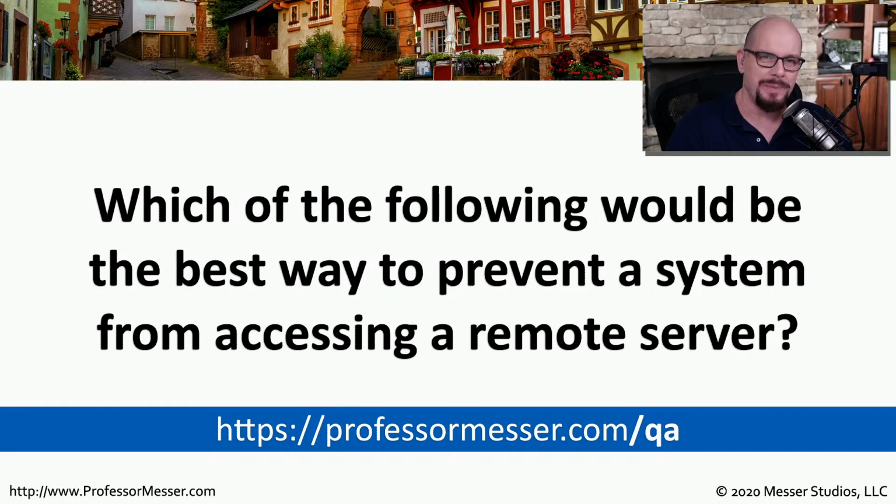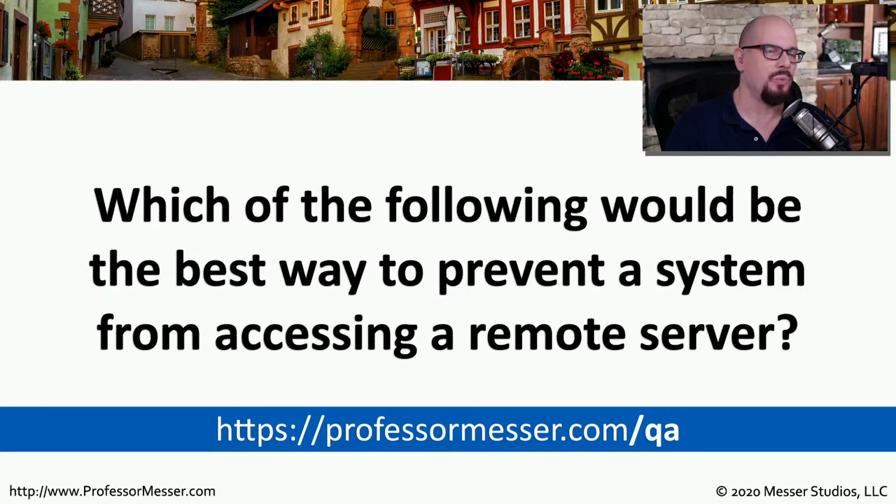It's another one of those best questions where technically it could be more than one thing, but it really is only one because we're looking for the best one. Really important to have those different options there.